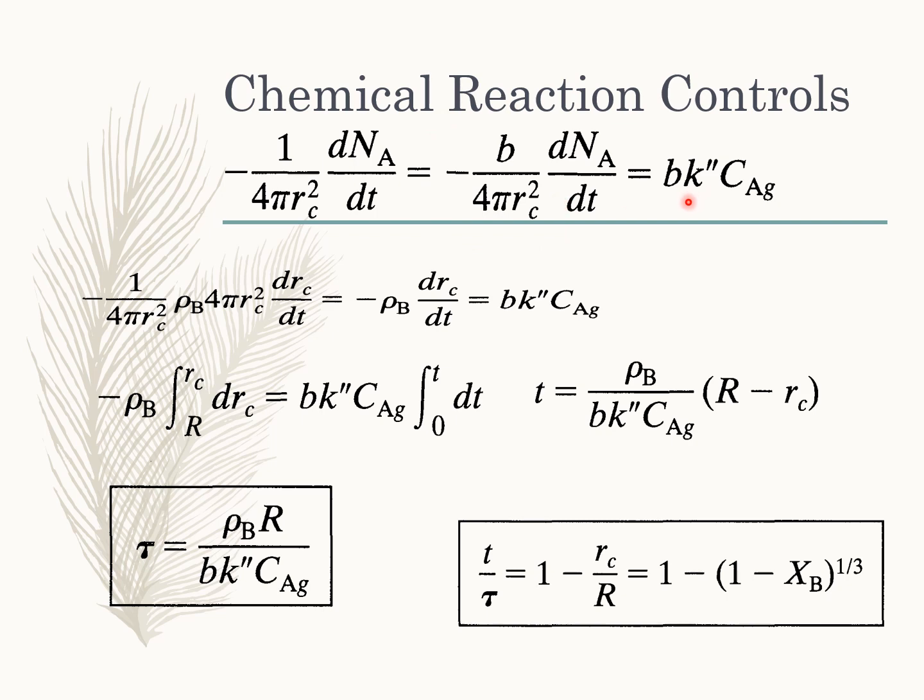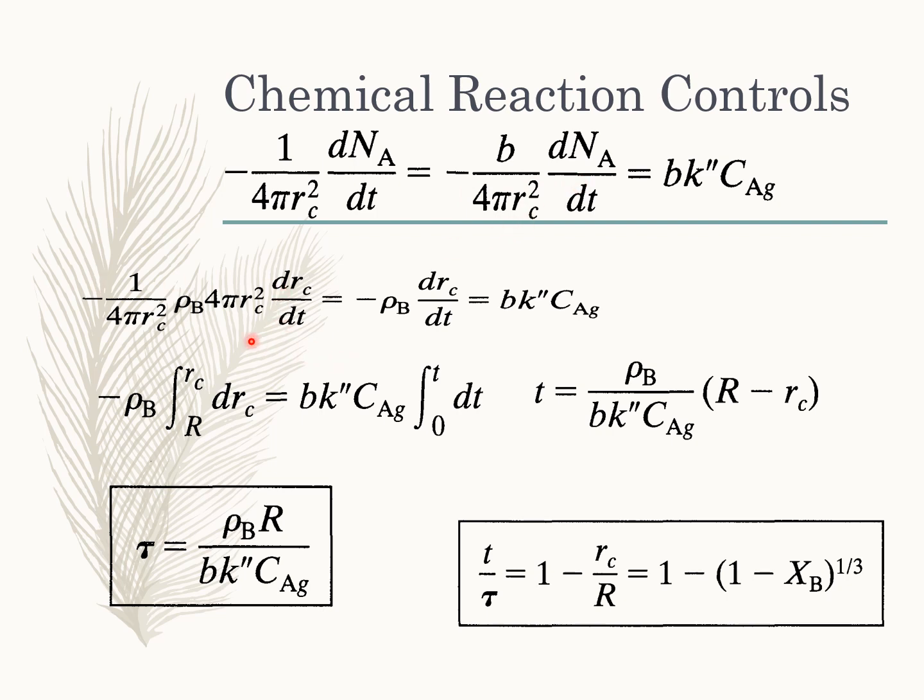It's equal to the rate of the reaction. We are assuming a first order reaction, so it's equal to b k double prime CAG, b the stoichiometric coefficient again. k double prime is per unit surface, as we are dealing here per unit surface. So k double prime is the kinetic constant per unit surface.